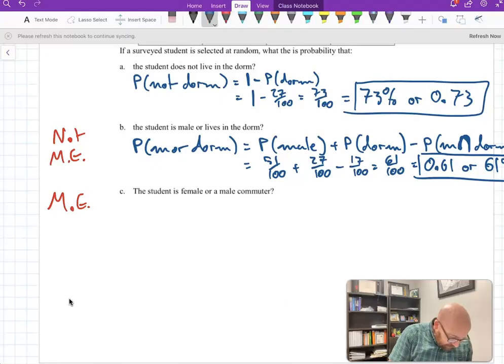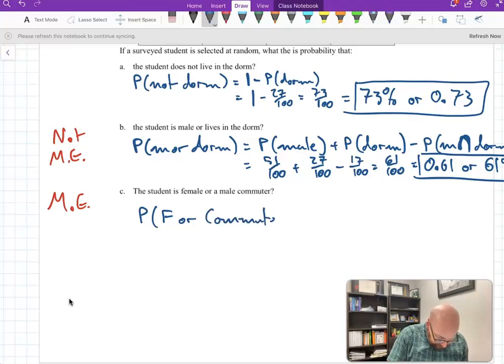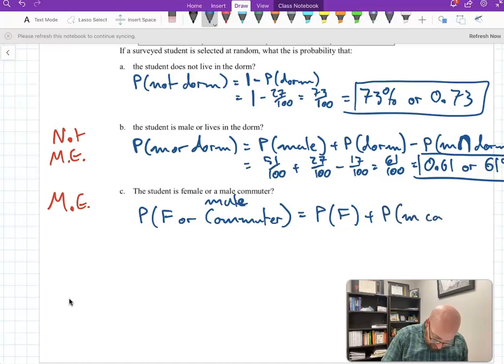So, to find the probability that you are female or a male commuter, we're going to find the probability that you are female, and we're going to add to that the probability that you are a male commuter.